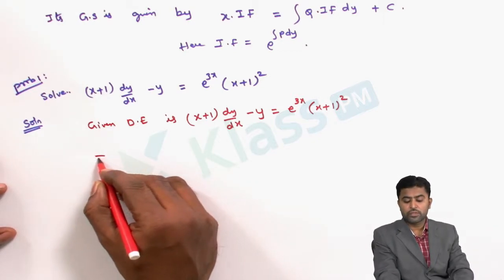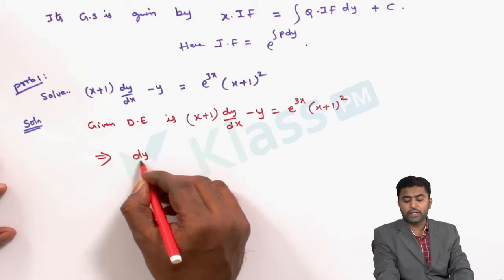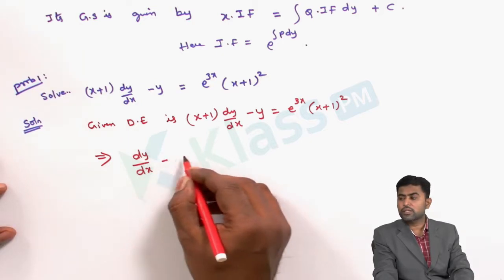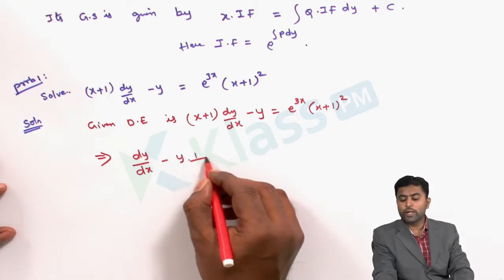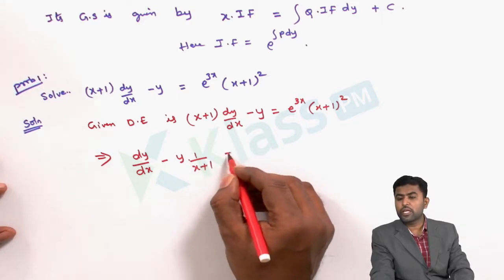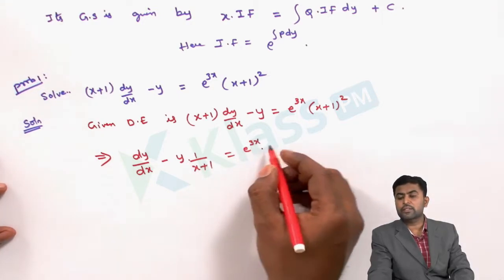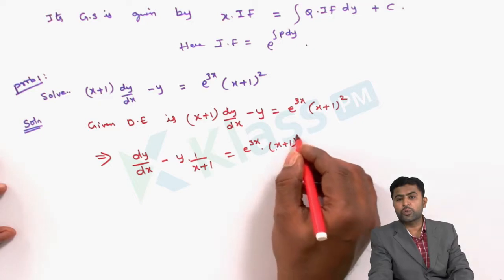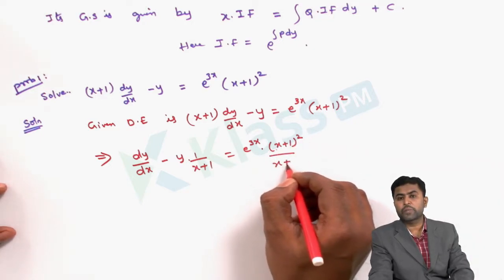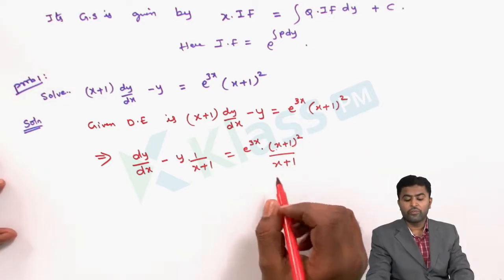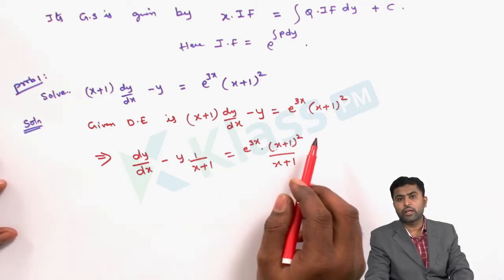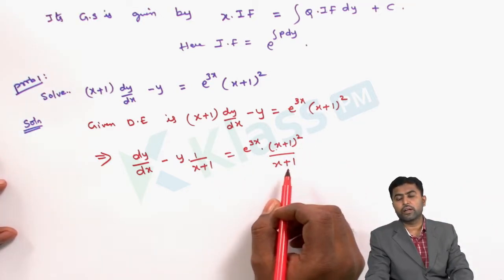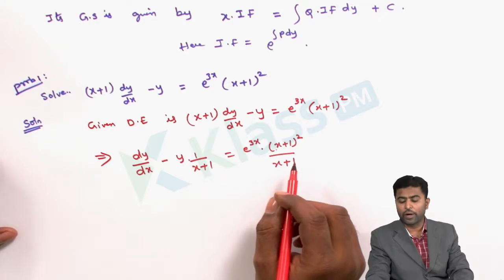So that gives dy by dx minus y into 1 by x plus 1 equal to e power 3x into (x plus 1) whole square by x plus 1. Yes, we divided the complete equation by x plus 1 to make it a linear differential equation in y.